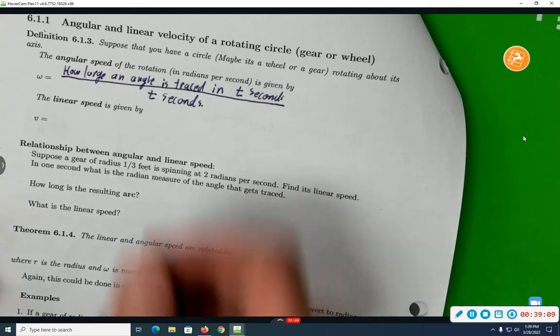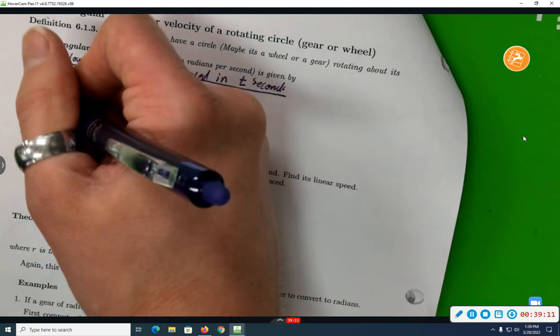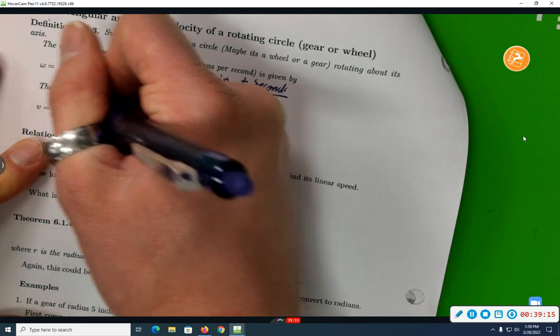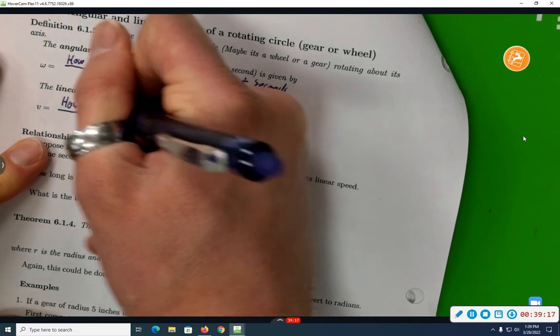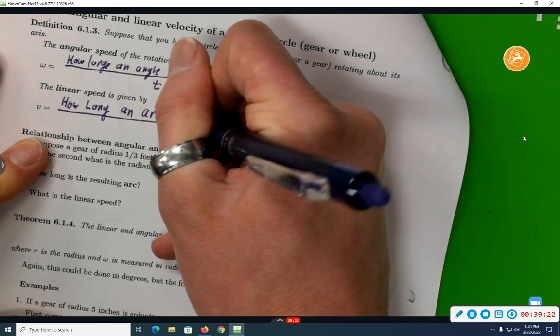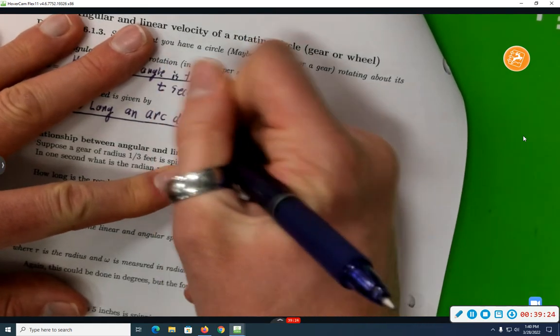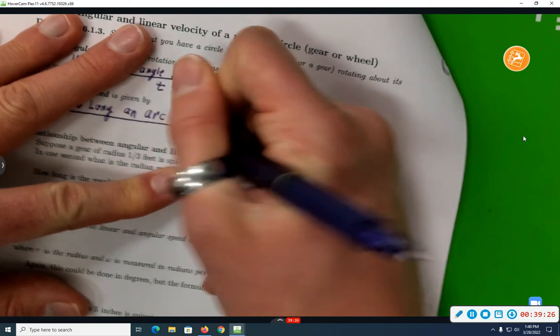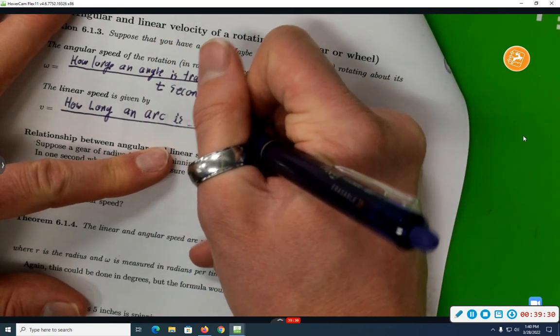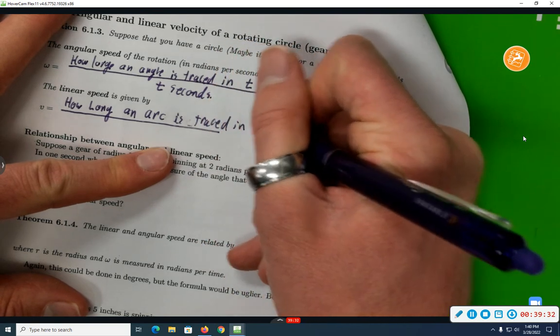Make sense? Same thing with linear velocity. The linear speed is given by how long an arc is traced in t seconds.